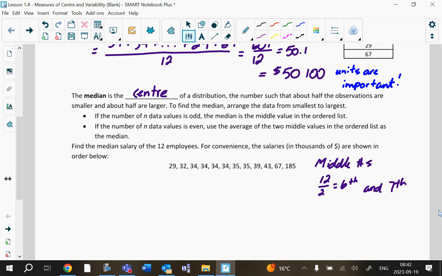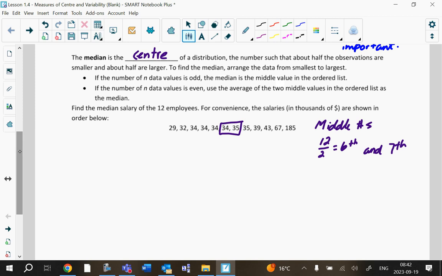So I count up 1, 2, 3, 4, 5, 6, 7. Here are these 2. And it makes sense because there's 2 in the middle, 5 below, 5 above. There has to be the same number below and above. And then if there's 2 numbers in the middle, you find the average of them to get the median.